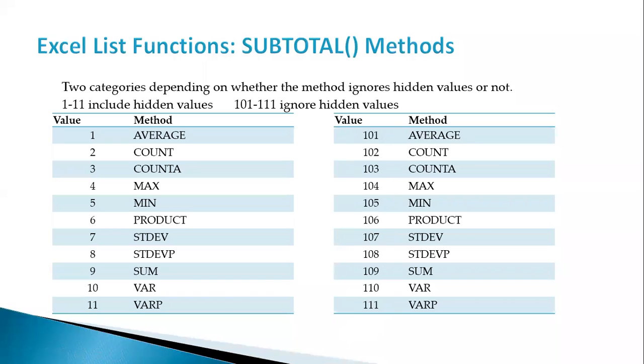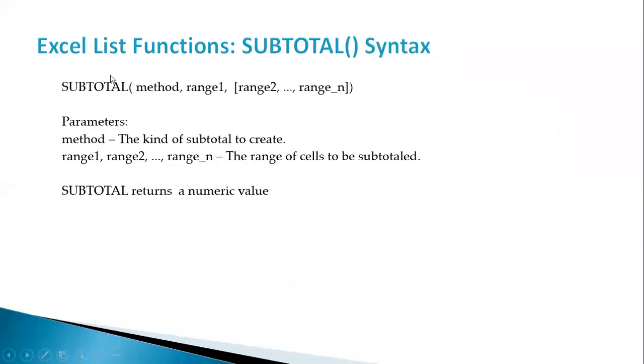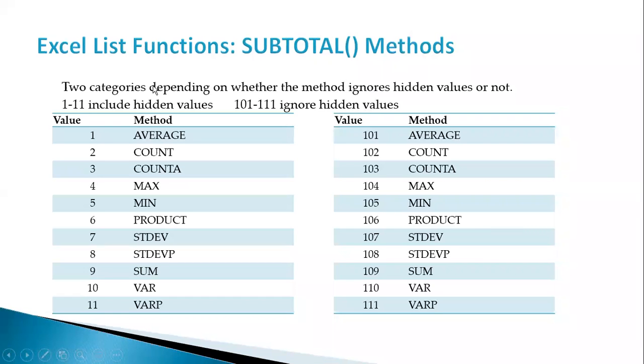And so it's just good to note that distinction. So when we are specifying the method, we'll specify if we want to use average while including hidden values, we'll write 1. But if we want to use average but ignoring hidden values, we'll use 101.